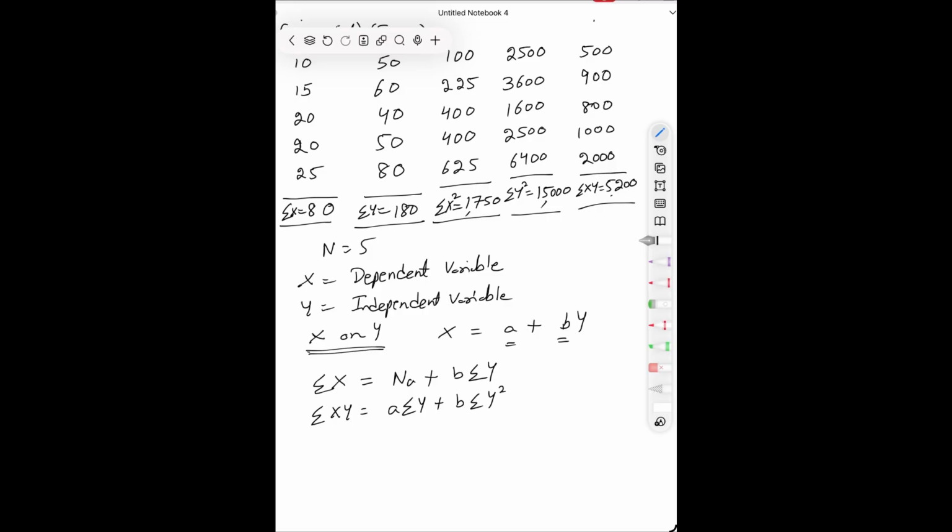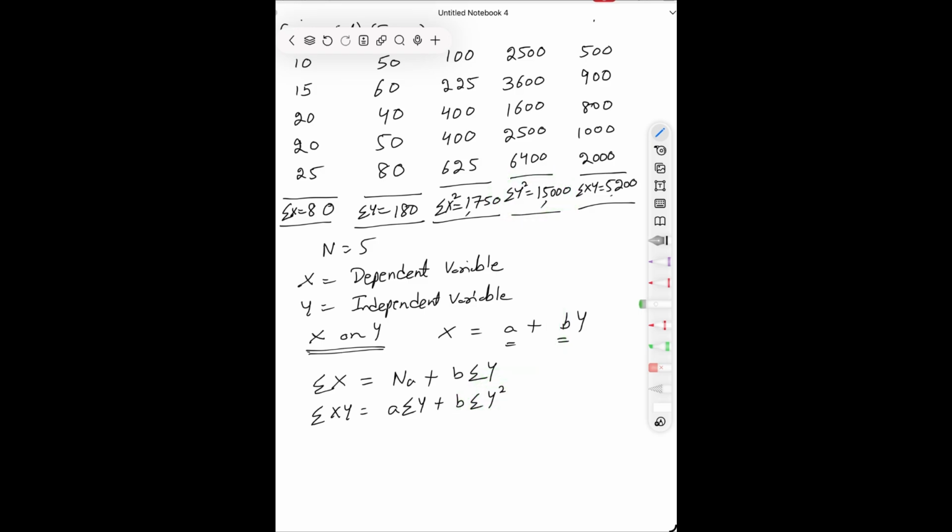These figures can be taken from here. First we need sigma x, which is 80. Then n was 5. A and b both have to be found out. Sigma y we have calculated is 180. Sigma xy is 5200, and sigma y square is 15,000.